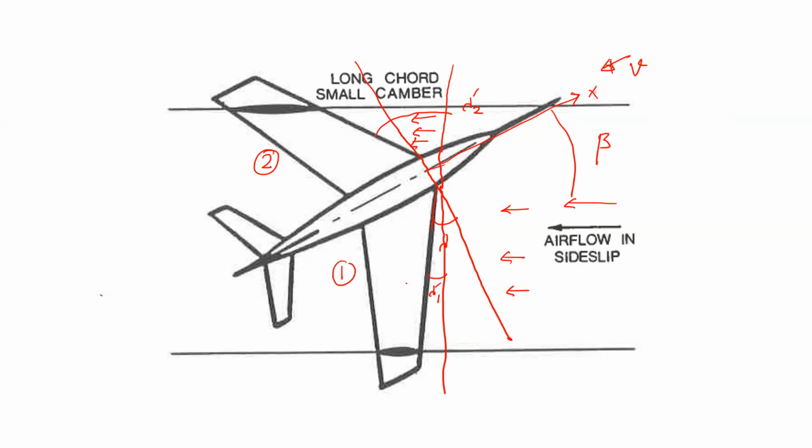Clearly there is a decrease in sweep back on wing section one, and a clear increase of sweep back on wing section two. What happens to the total lift generated when sweep back increases or decreases? If sweep back decreases, lift increases. Very good.